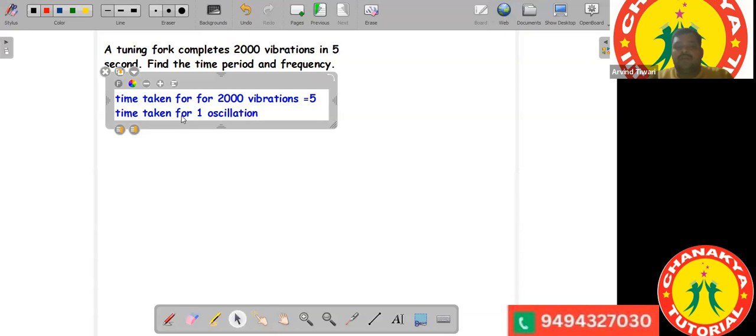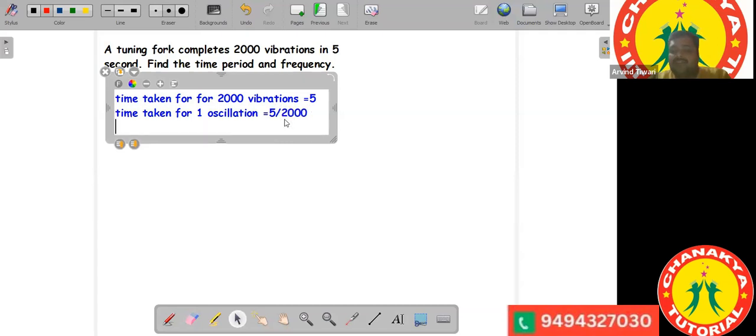See, remember this. Always make the statement. Do not go to shortcuts. Make the statement. You have to find the time period, and time period means time taken for one oscillation. So time taken for 2000 vibrations will be 5, and time for one will be 5 divided by 2000.